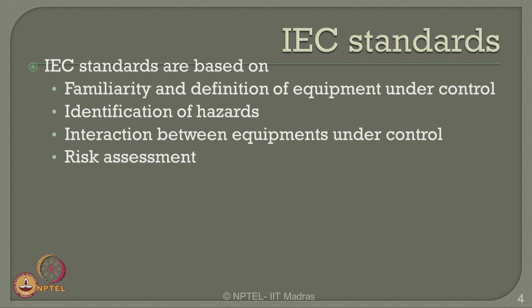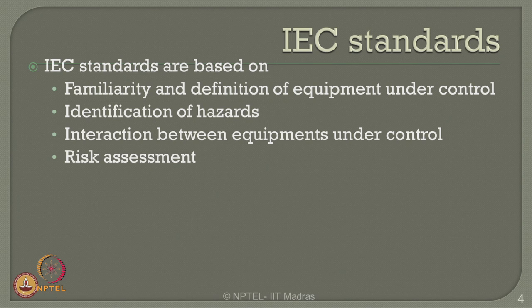IEC standards are actually based on familiarity and definition of the equipment under control. So, it is important for us to understand what are those equipments we deal with, to which the standards are to be applied, and we should be familiar with the operation of the equipments where we are imposing safety standards. You should be capable of identifying the hazards in the process system.